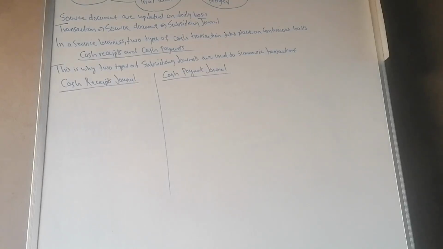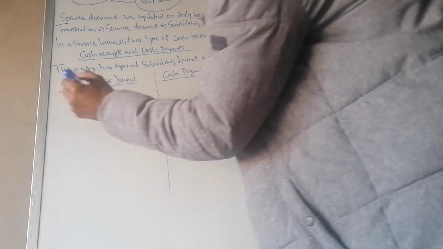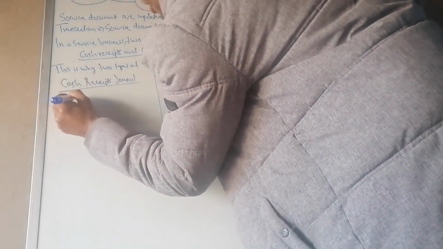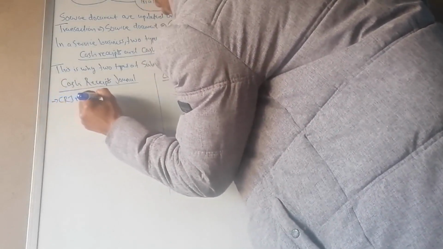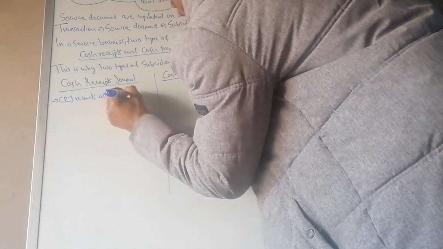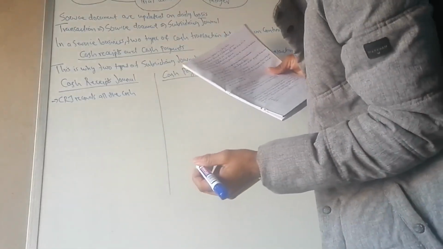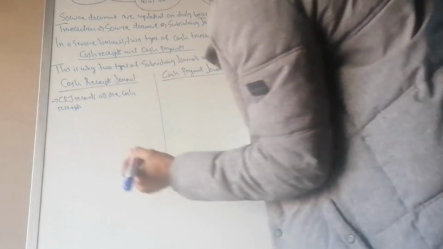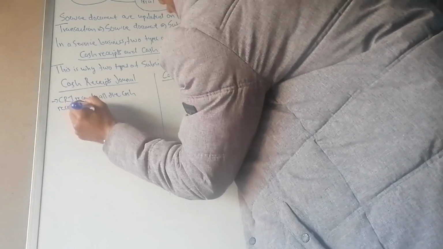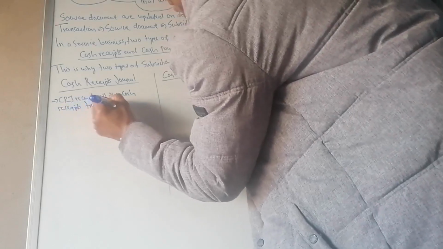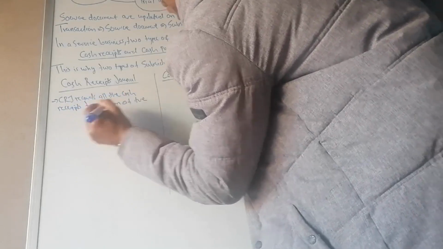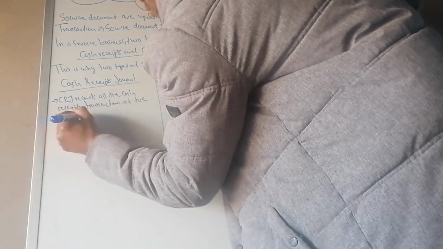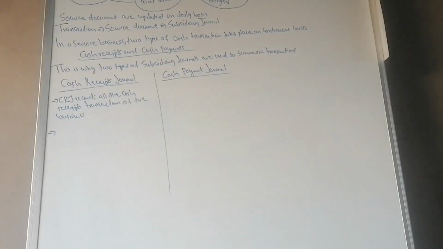The CRJ records all the cash receipts transactions of the business. Secondly, what are the receipts?